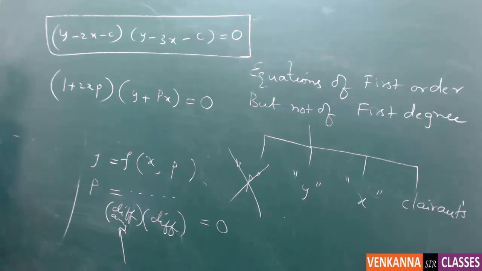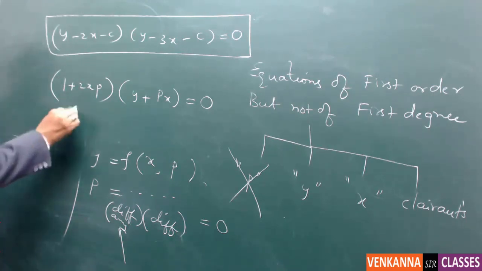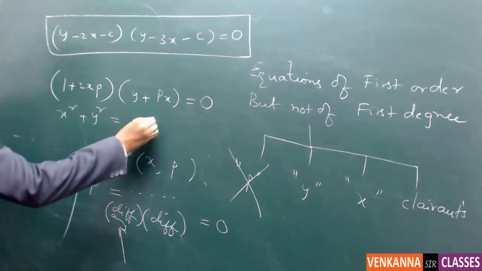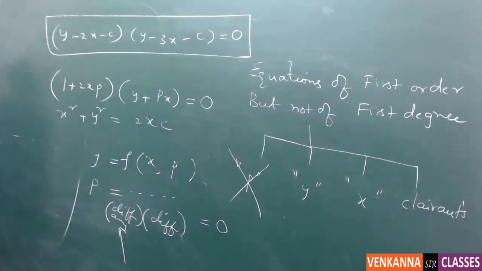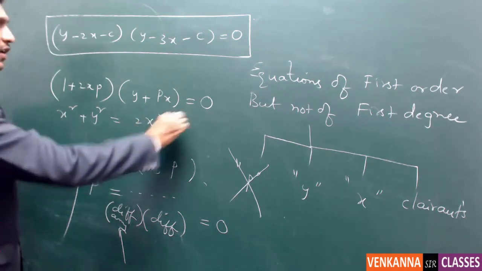No. So you have achieved the value of p straight away. As we know, the solution of a differential equation is nothing but a relation between x and y which contains the arbitrary constant. So in every solution we write, for example, x square plus y square is equal to 2xc, like that. Accepted or not? So every solution of the differential equation must contain the arbitrary constant.